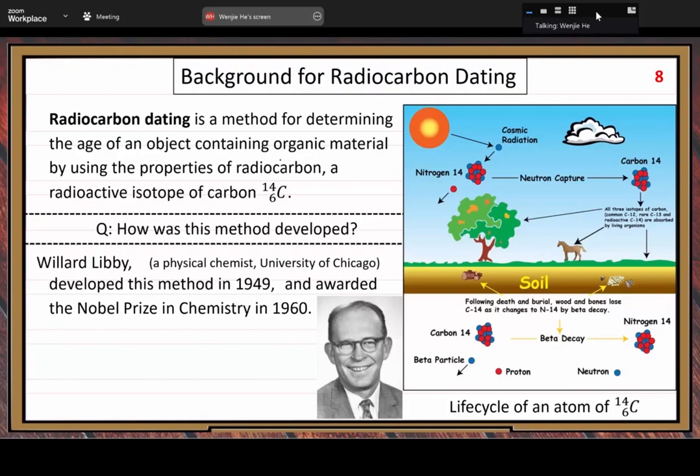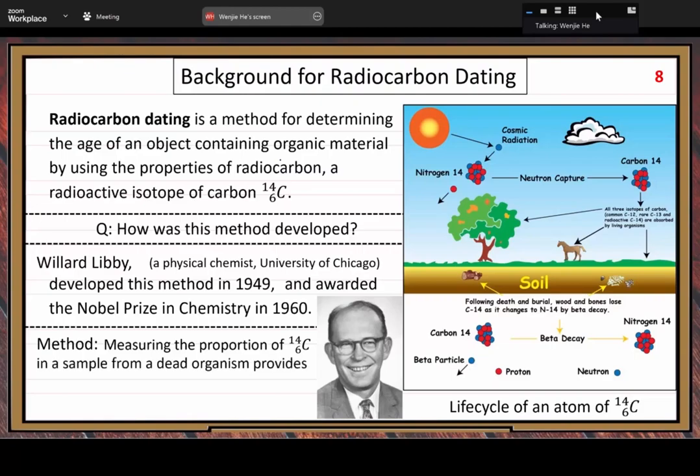Next, let me use an example to explain this method. Measuring the proportion of carbon-14. Proportion to what? I need to explain a little bit.